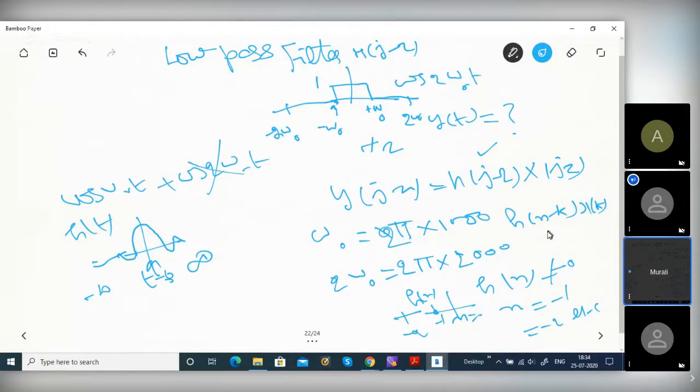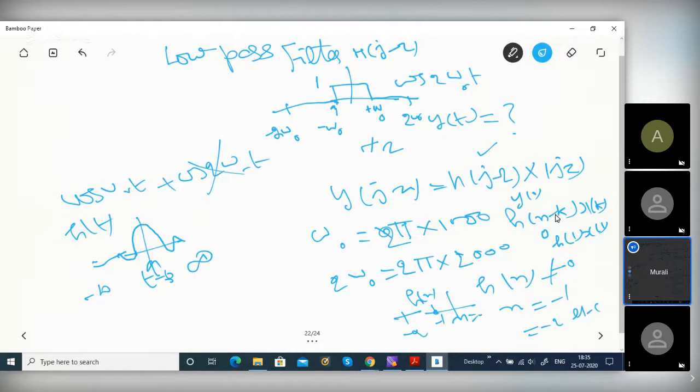Then you go to, say, n equal to 0, you will give h of minus k, x of k, right? That is y of 0. Suppose h of -1, k equal to -1, it is non-zero. That means h of 1 into x of 1 actually. Then it's okay.